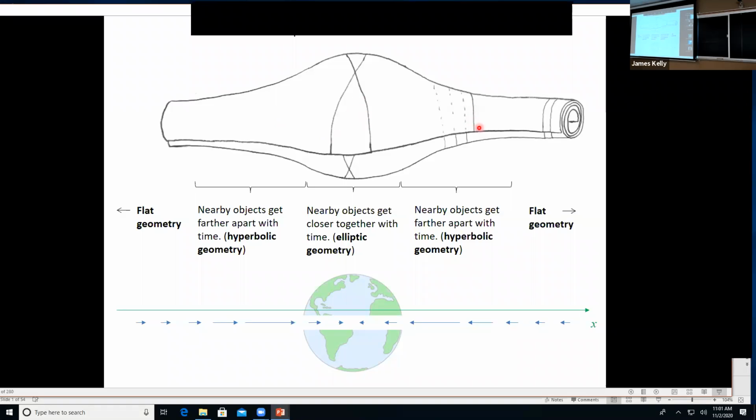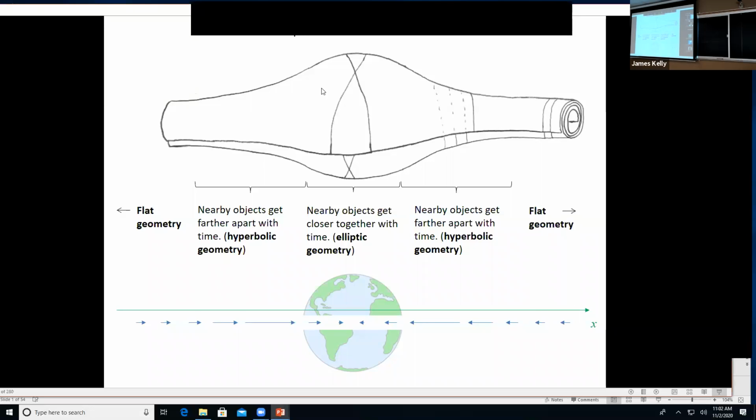If I drop two objects out here in the hyperbolic region, they're spiraling around this thing in the direction shown there. It's hard to describe this surface, but they're going to get farther and farther apart. So I might have given them a little bit of an inclination to go in and they spiral in, but as they spiral in, they would get farther and farther apart.